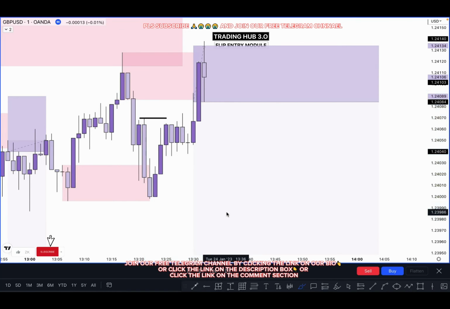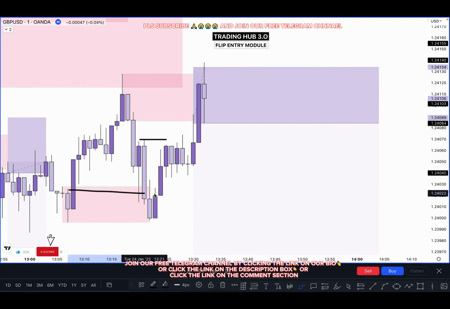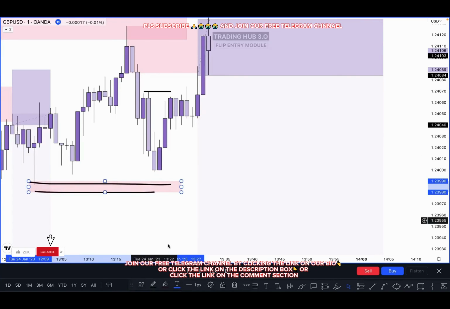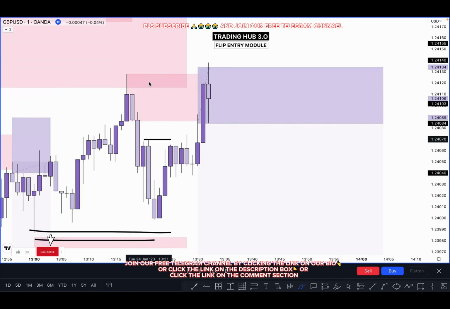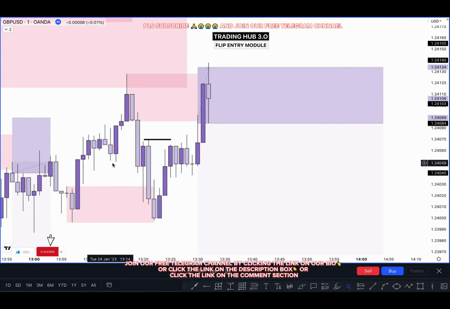Correct. But if the market does not tap any order block here, for example, this demand is away from this chalk. Okay, so what happened here? The market broke the change of character here and took out this inducement. In that case, you can sell here. But when price taps on any demand zone here in a lower time frame at this time, then you have to think again.